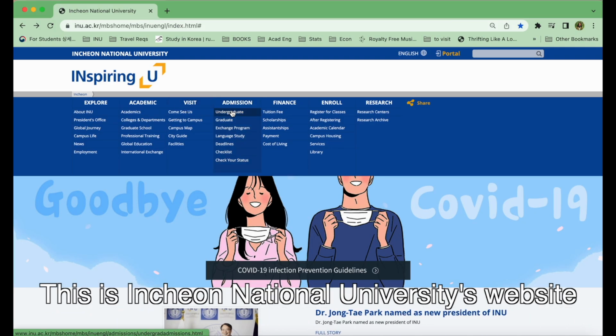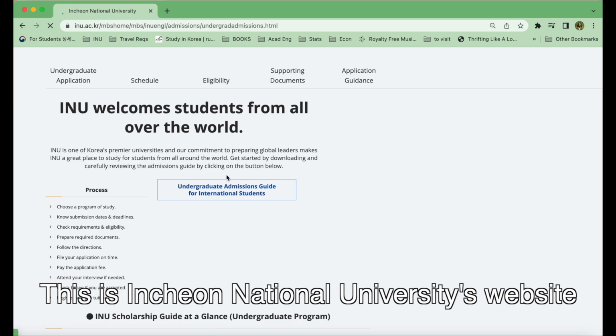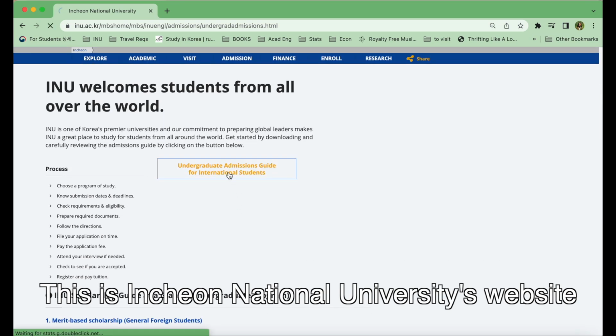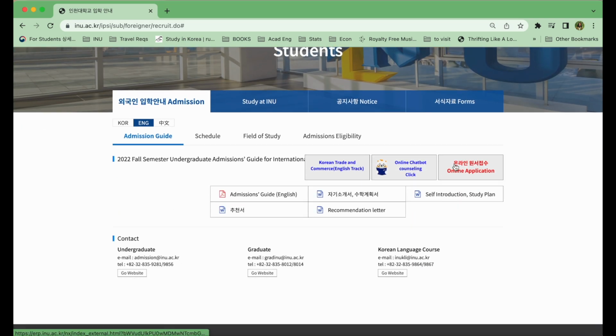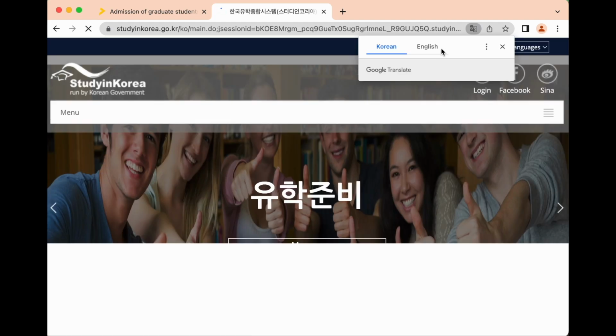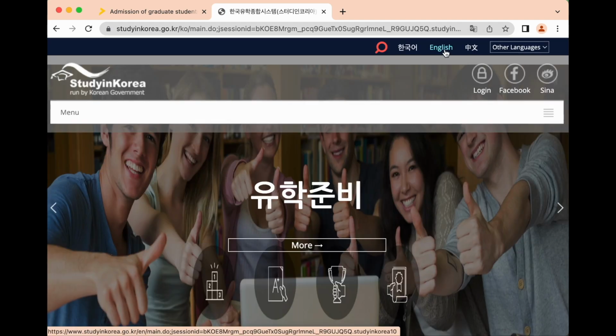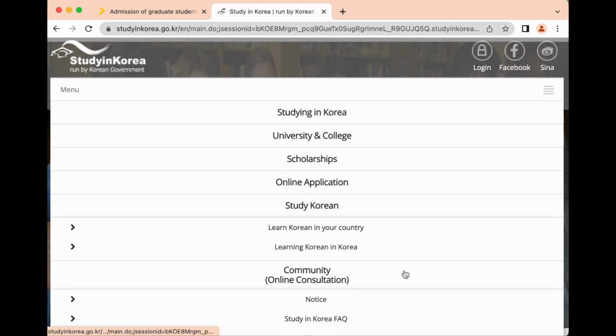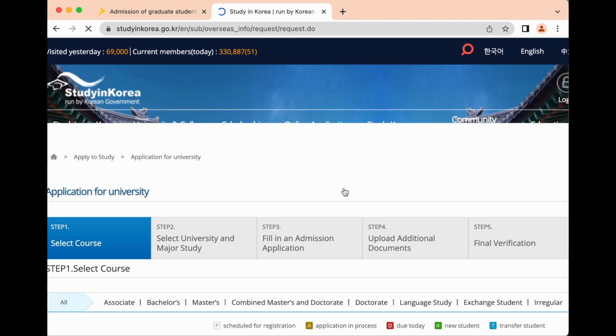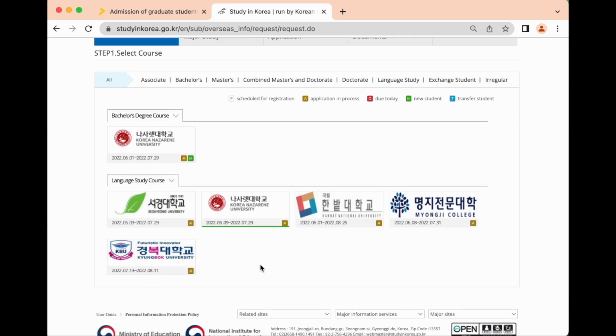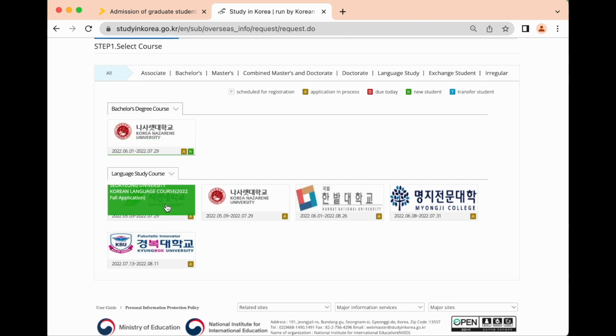There are different possible ways to apply online. So first is the university's own website. Next is Study in Korea. And last one is Chinhack Apply.